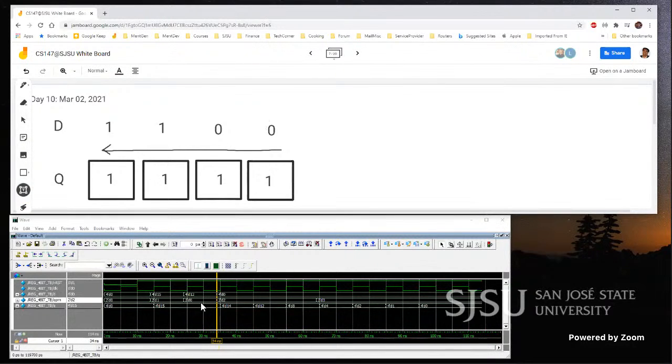When the next clock comes in, this bit is thrown out, this bit to 1, this bit to 1, this bit to 1, and this is replaced by duplicating the D0. So this value is 12, 16. No, not 12. What is that? 8, 4, 14.